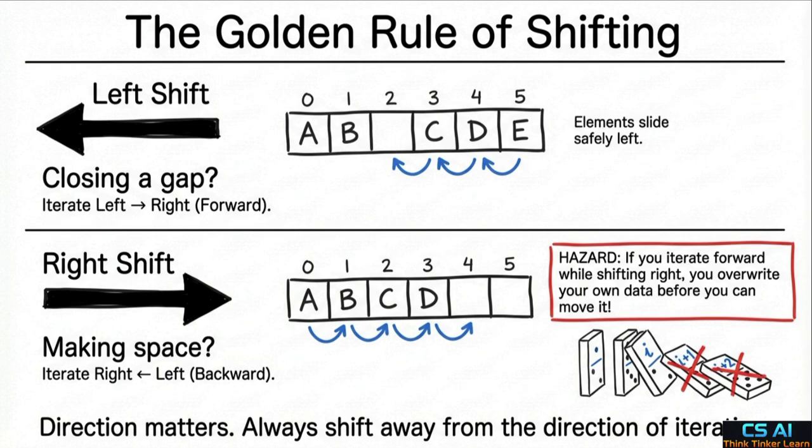If you are making space and you iterate forward, you will move A into B's spot before you have moved B. You end up with a domino effect of overwriting your own data. To shift right safely, you must iterate from right to left, backward. You move the last element first to create a gap. Always remember, shift away from the direction of the iteration. If you get this wrong in an interview, your logic will start to crumble.